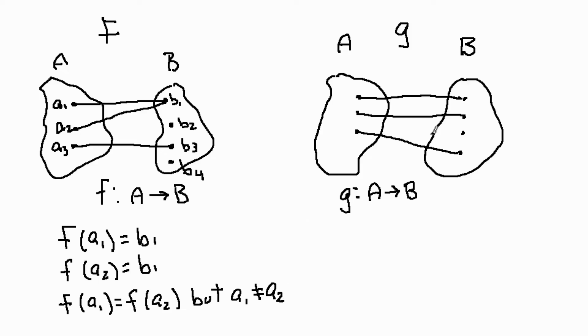Okay? Now over here, we have A1, A2, A3, B1, B2, B3, and B4. And we notice that over here, elements from the domain just went to single elements over into the range.